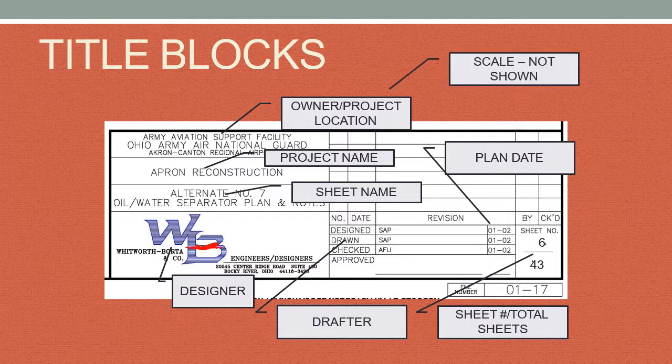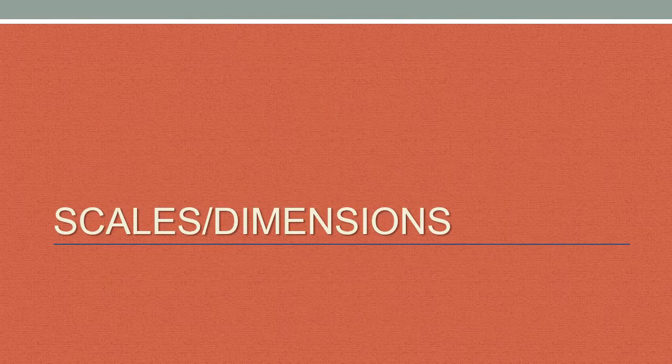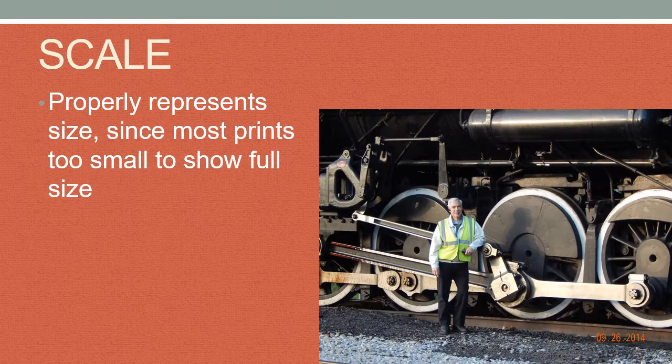Notice here that the scale is not shown in the title block. So now let's talk about scales. Scale is to properly represent size, because most prints are too small to show the full size. This, by the way, happens to be an undoctored photograph.